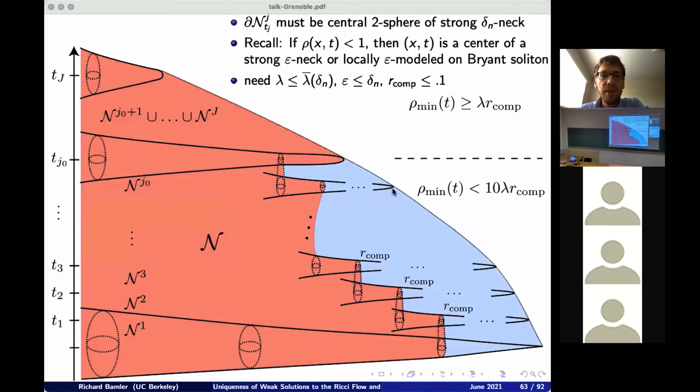But also the scale lambda times R comp is smaller. So this threshold, above which we finish with the staircase pattern and just fill in the entire manifold, has to be smaller.